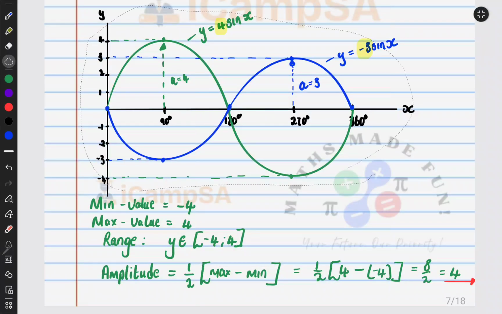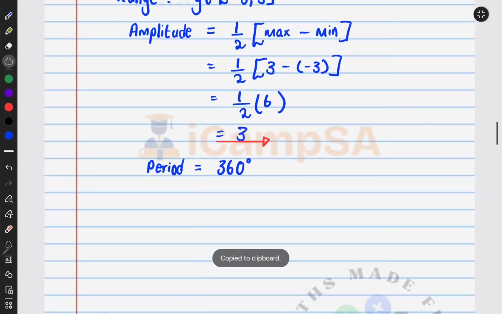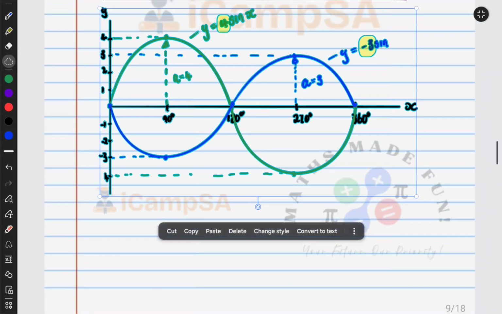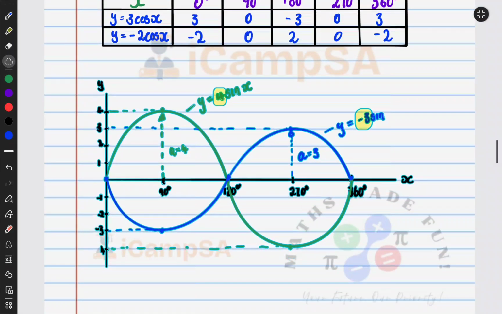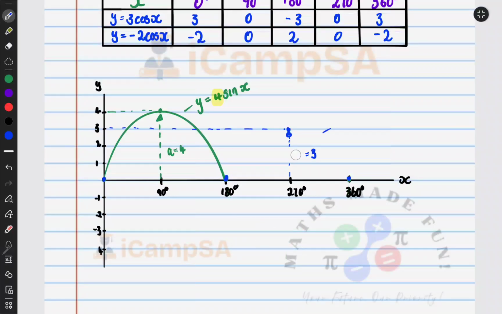In fact, I should have just copied everything. Let's sketch our functions. Okay.